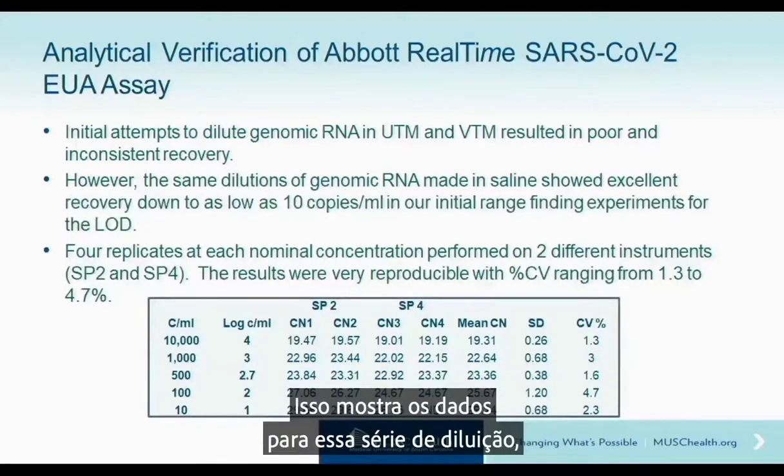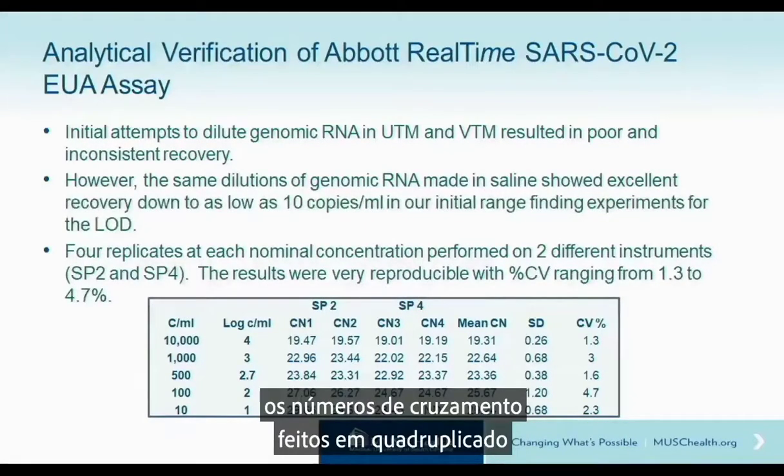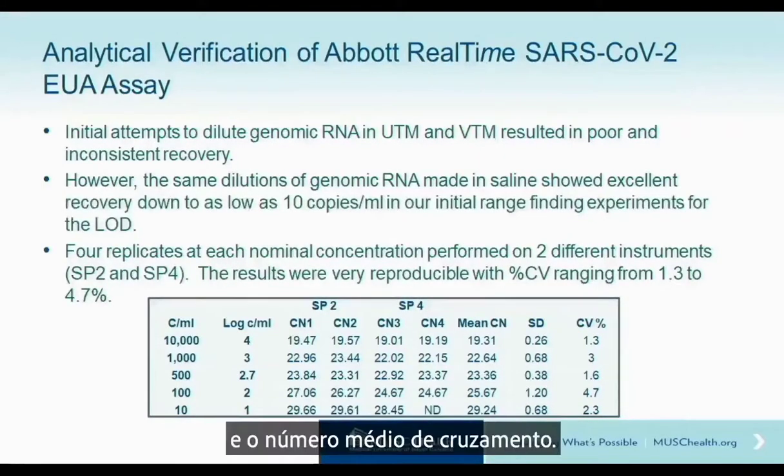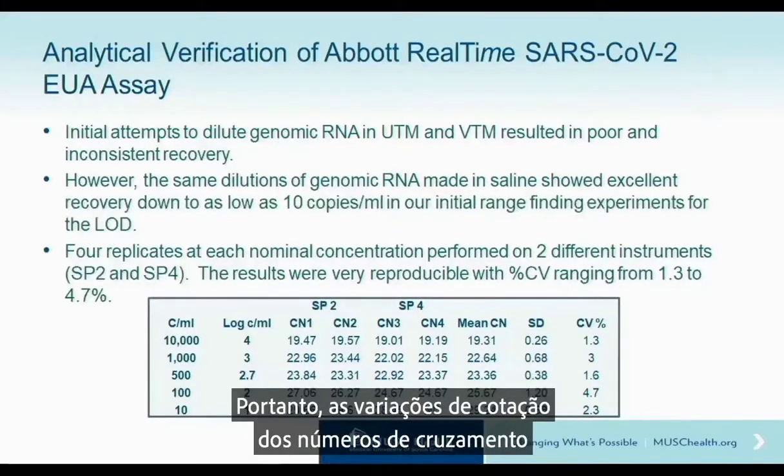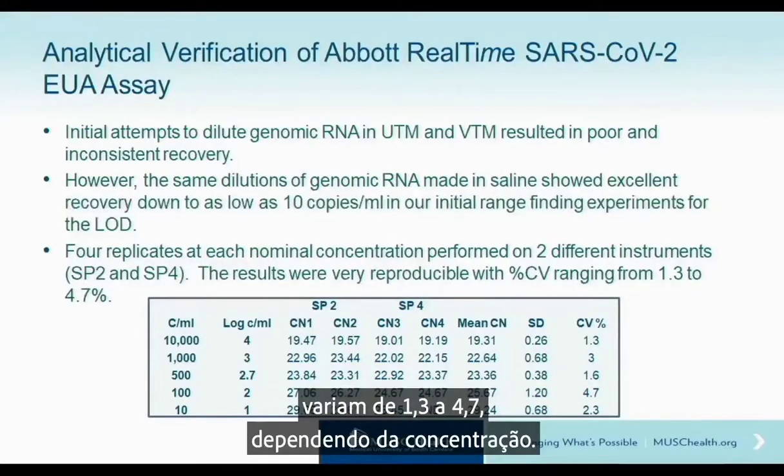This just shows the data for that dilution series, the crossing numbers done in quadruplicate, and the mean crossing numbers. The coefficient of variation of the crossing numbers ranges from 1.3 to 4.7, depending upon the concentration.